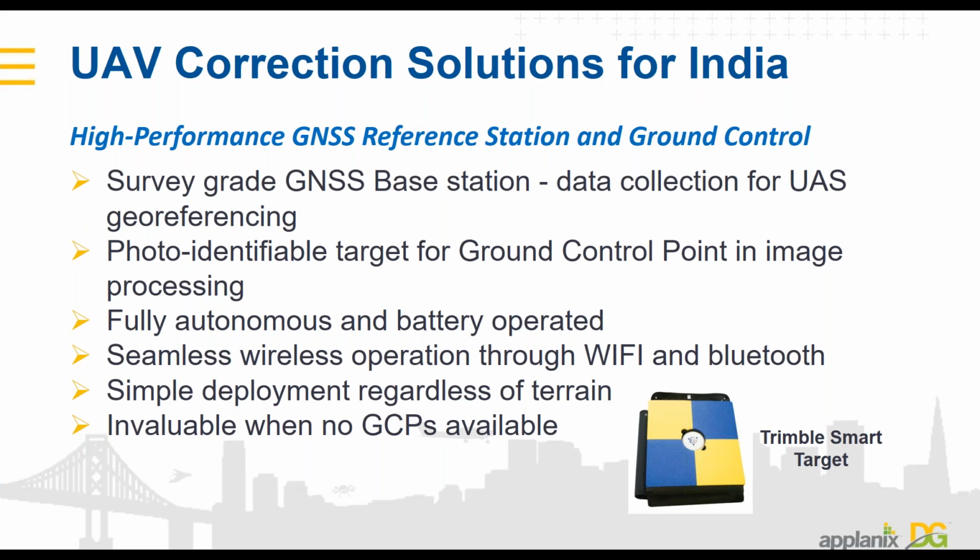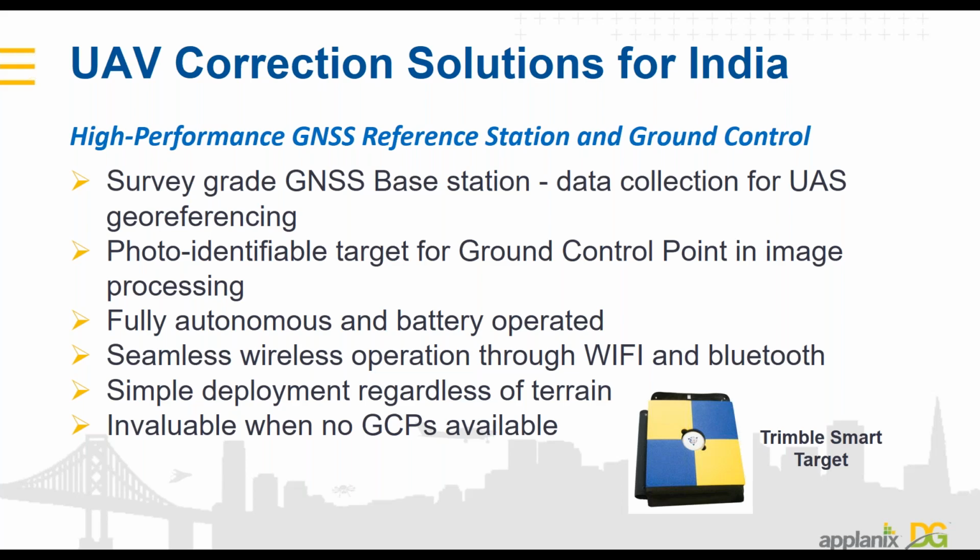The first thing is our smart target, pictured there in the lower right-hand corner. You'll find that this is suitable for most projects. It contains a target that you can identify in the imagery, the blue and yellow target, along with a GNSS receiver inside that target. We use this to collect a ground control point or a checkpoint so that we can verify the results of our data that have been collected.